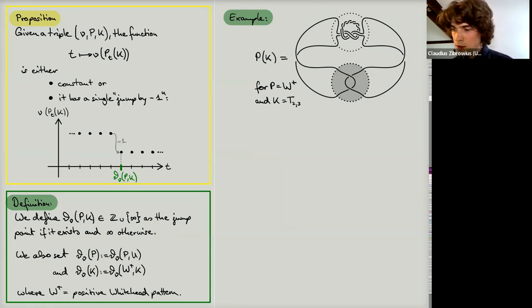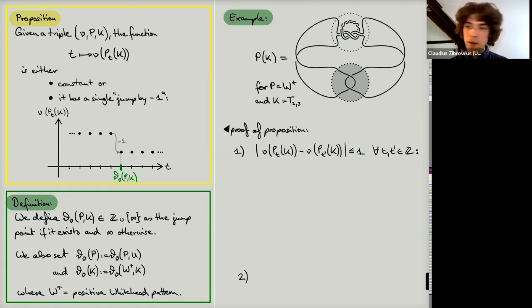This proposition is not hard to show. We do this in two steps. First of all, we want to show that this function assumes only two consecutive values. So it suffices to see that the absolute value of the difference between any two values of this function is at most 1.